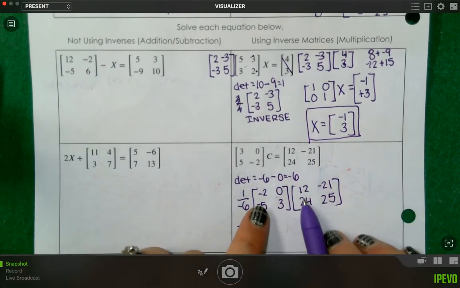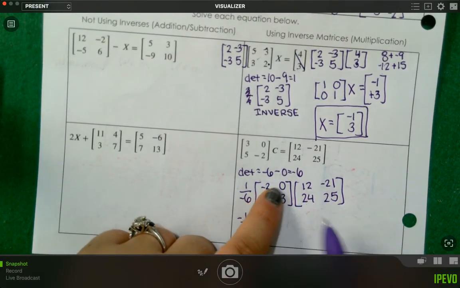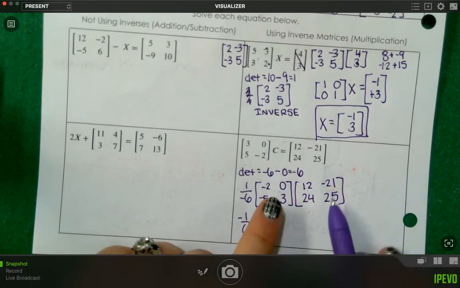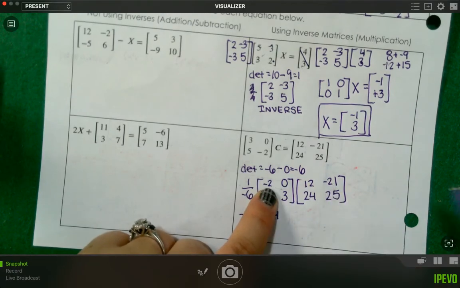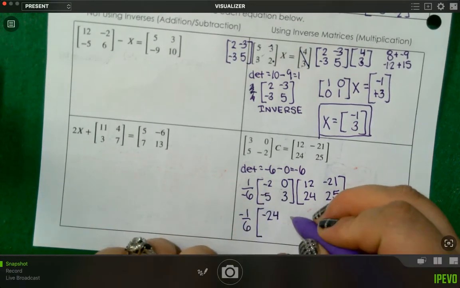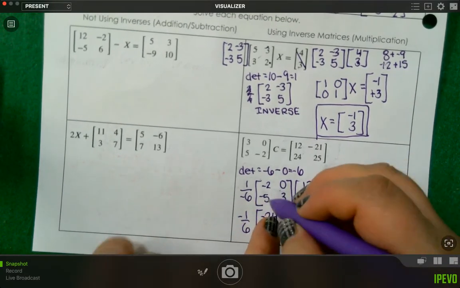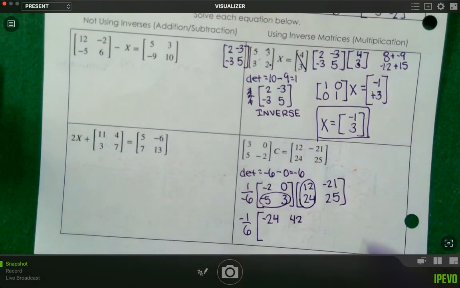Okay, so here we're going to have negative 24 plus 0. And then here we're going to have negative 2 times negative 21, so 42 plus 0. Okay, and then we're going to do this row times this column, and I apologize for not having circled this before.